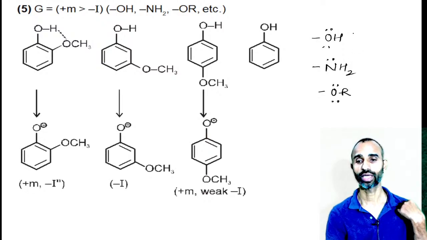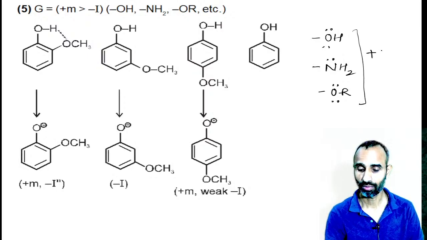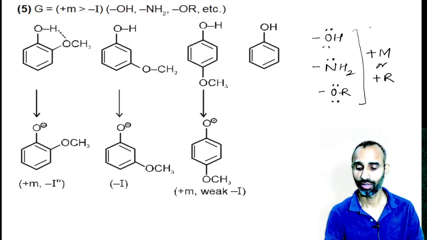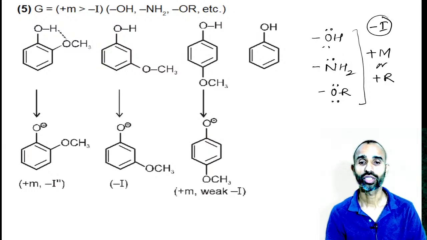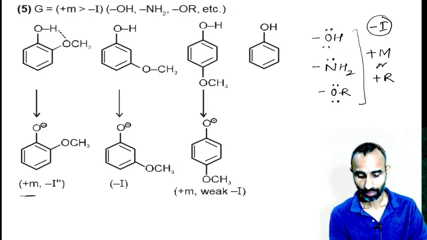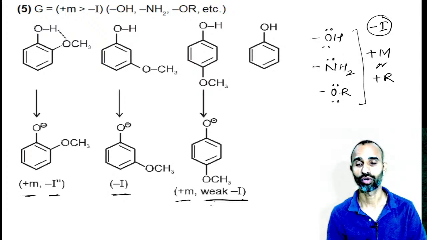So in all the cases the atom attached to the ring has a lone pair, and therefore they have plus M, or we can say plus R effect, and oxygen, nitrogen both are more electronegative than carbon, that's why they have minus I effect, but plus M is dominating over minus I. So see, plus M, weak minus I. So what is the order of acidic strength?